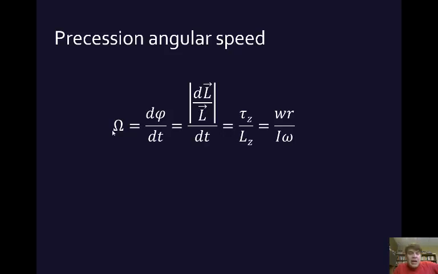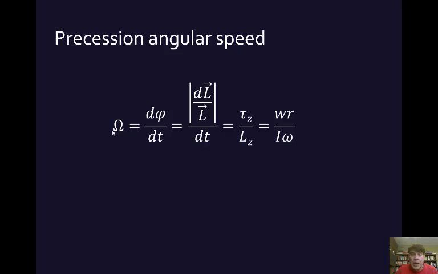Well, dL/dt, the instantaneous rate of change of angular momentum per time, is another way of saying torque. And so that's where the torque, tau z, comes out in the next part. Then I'm left with L at the bottom, Lz, angular momentum. Torque equals the weight times the radius of the axis, because remember, we figured that it was r cross w.